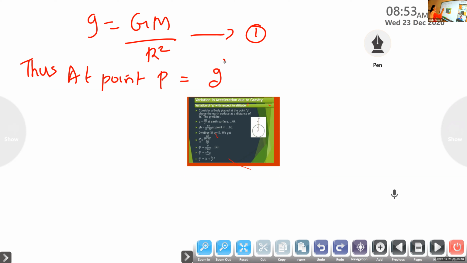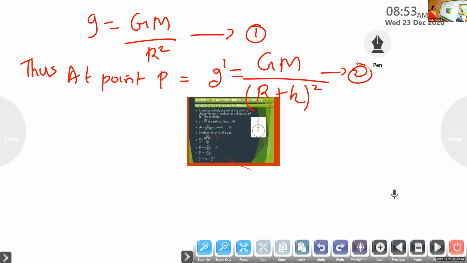This is g. We consider g dash, which is equal to GM divided by R plus h whole square. That is equation 2. So instead of capital R, we have to substitute R plus h.